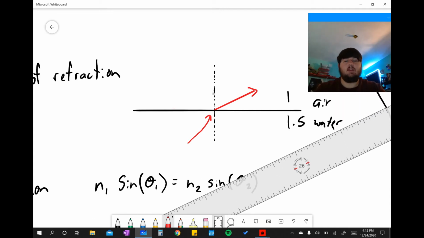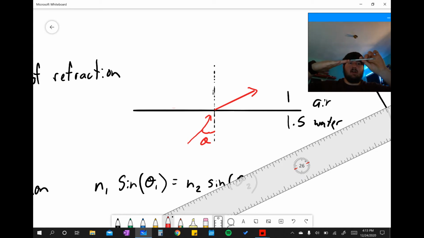Now, if you keep increasing, we'll call this theta right here, this whole thing. If you keep increasing this theta, the ray of incidence, the ray that it comes into the boundary layer from, at some point, because the ray where it exits the boundary, because of the law of refraction, bends away from the perpendicular, at some point when you keep increasing the ray of incidence, the ray of refraction, the ray that comes out, it's going to reach 90 degrees, because it has to bend at some point.